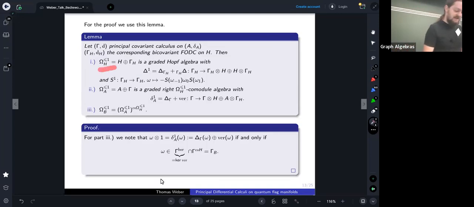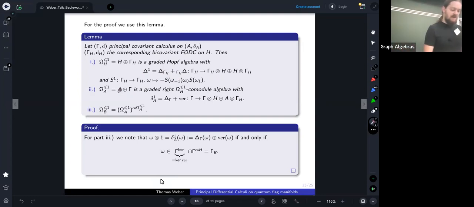That's written here. So you take the usual coproduct on H, but on gamma H, you take this map here. So the sum of the right and left coaction, which is now a map from gamma H into gamma H tensor H plus gamma H. So you can really see this is a degree 1 map.